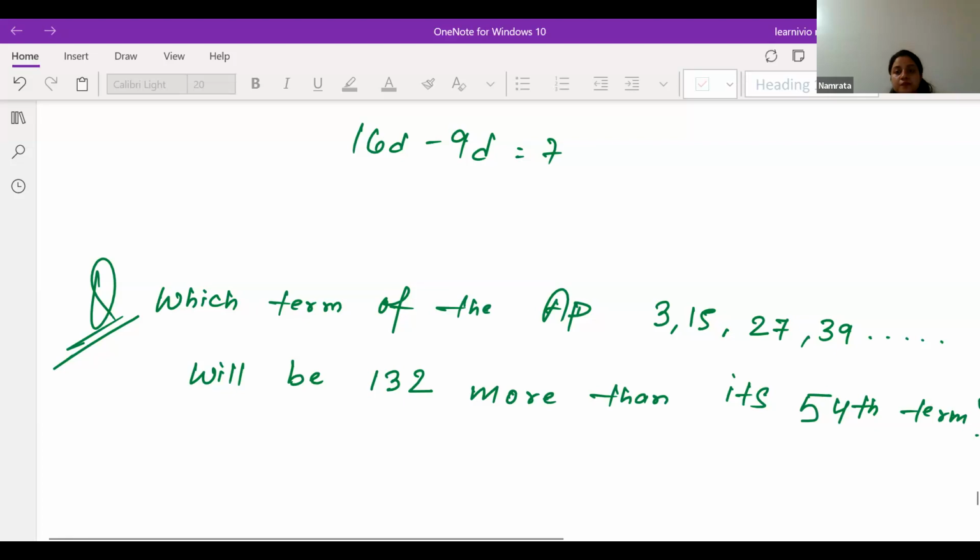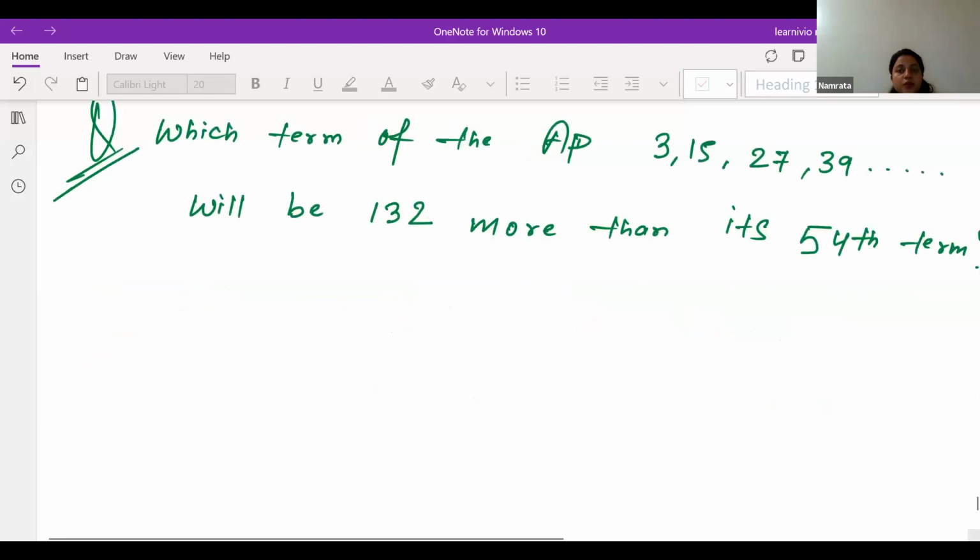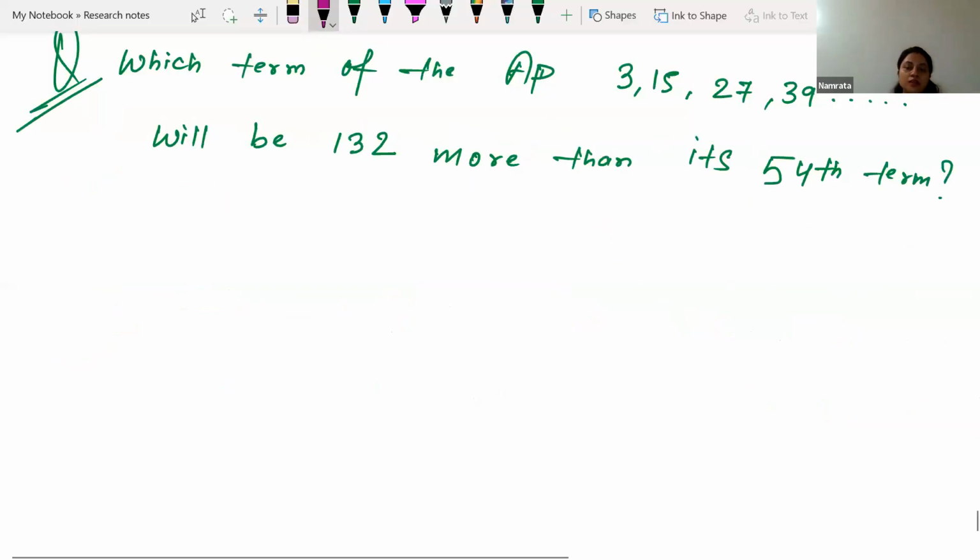Do we first find the 54th term? Yeah, first we'll be finding the 54th term.